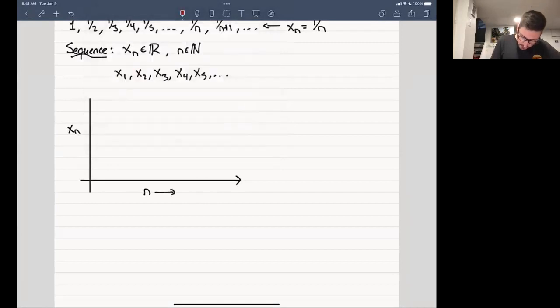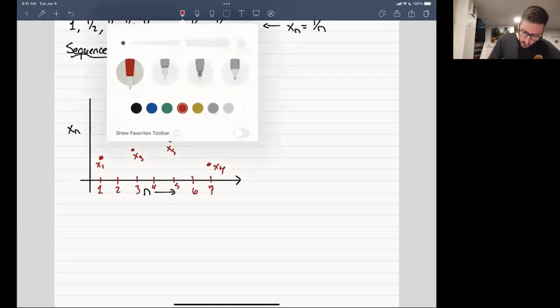Then at n equal to 1, we have some point x1. At n equal to 2, we have another point, say x2. And at 3, we have x3, and at 4, we have x4. And this goes on and on. For every single natural number that you pick, you can find an element of the sequence here that corresponds to that natural number. This should be 6, and this should be 7.